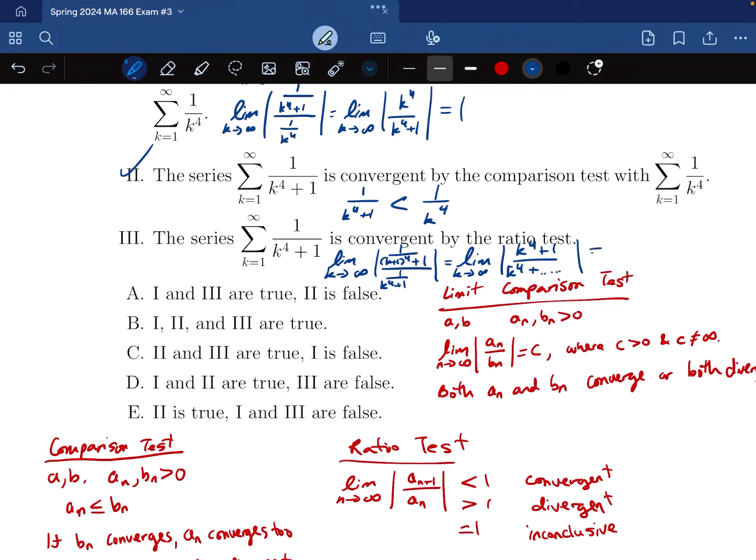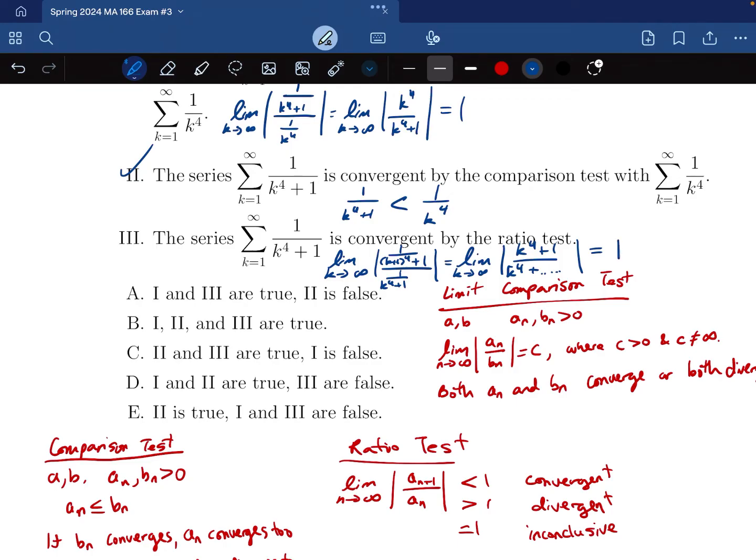That's not really important. Like I said before, when we're evaluating the limit of the ratio of two polynomials, all that matters is the term with the highest degree. So on top, the highest degree term is k^4. On bottom, the highest degree term is k^4 as well. So the ratio of those two would be 1. So that limit is equal to 1.